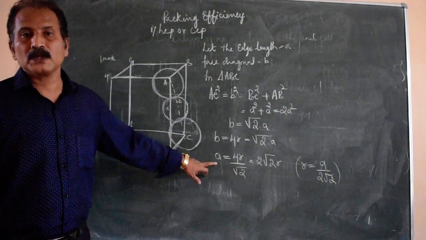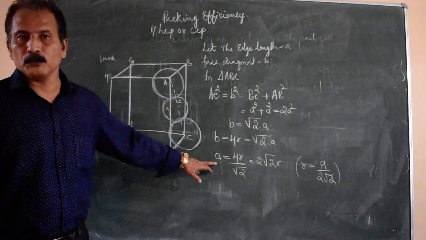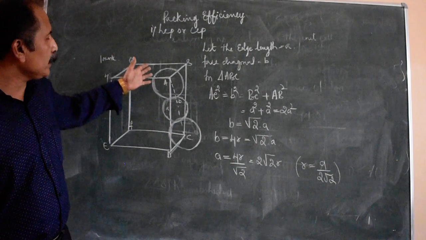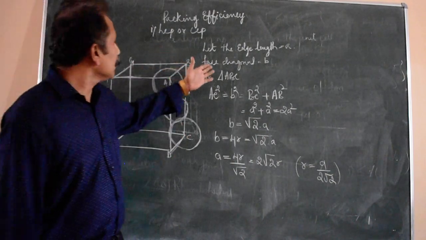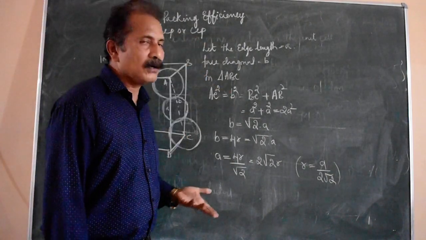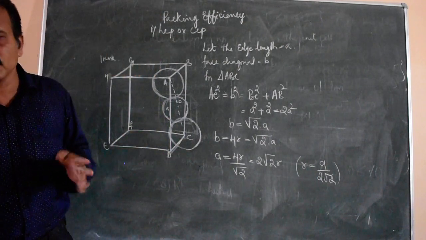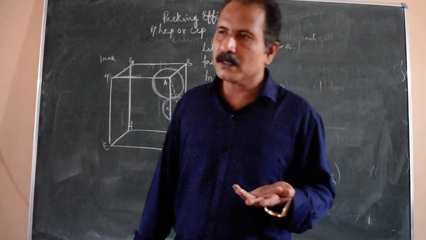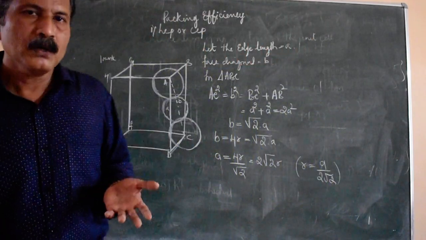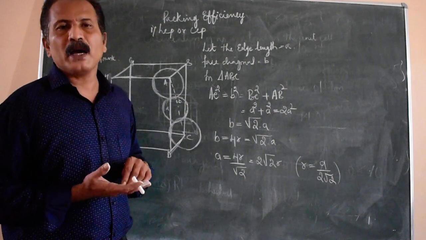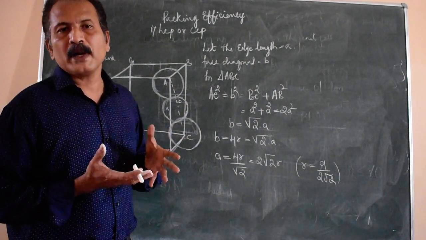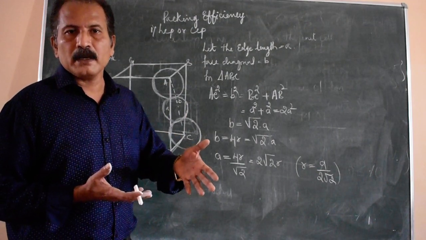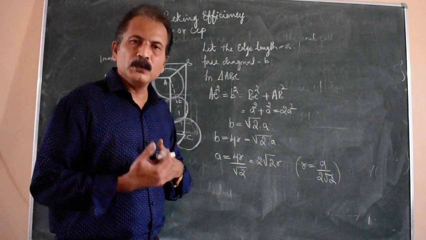Now, the idea was to get the edge so that we can cube that to get the volume, right? Therefore, how many spheres are there in HCP and or CCP? There are 4. Whether it is FCC, HCP or CCP, there will be 4 particles or 4 atoms. So, to get packing efficiency, I need the volume occupied by the 4 spheres in the unit cell, and I need the volume of the unit cell.